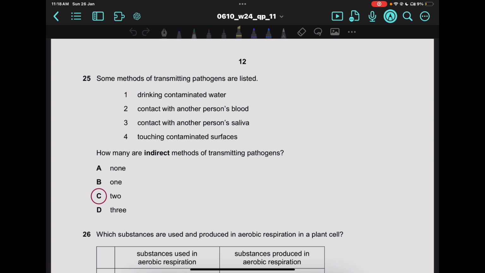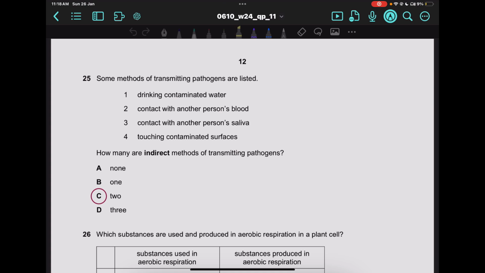25. Some methods of transmitting pathogens are listed: drinking contaminated water, contact with another person's blood, contact with another person's saliva, and touching contaminated surfaces. How many are indirect methods of transmitting pathogens? Indirect means that you get pathogens without being in contact with the person who has the pathogen. If you are in contact with a person's saliva or blood, this is direct contact.